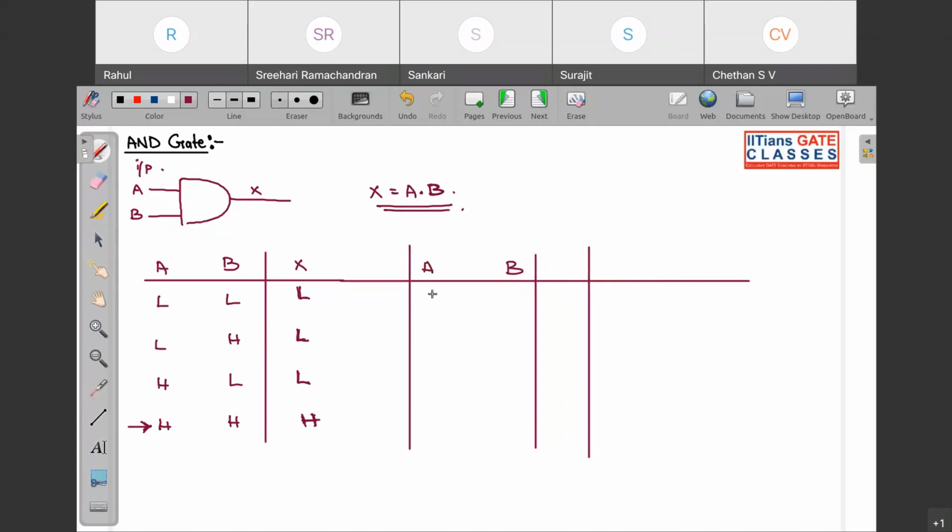So in positive logic, low corresponds to 0 and high corresponds to 1. This is your positive logic. In negative logic, 0 corresponds to high and 1 corresponds to low.